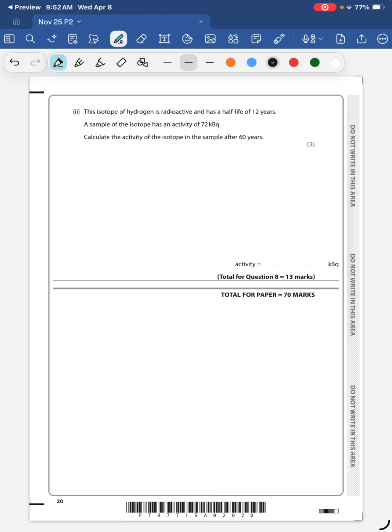The isotope of hydrogen is radioactive and has a half-life of 12 years. A sample of the isotope has an activity of 72 kilobecquerels. Calculate the activity of the isotope in the sample after 60 years. So we start with 72 kilobecquerels, and when 12 years pass, we will have 36 since it will halve.